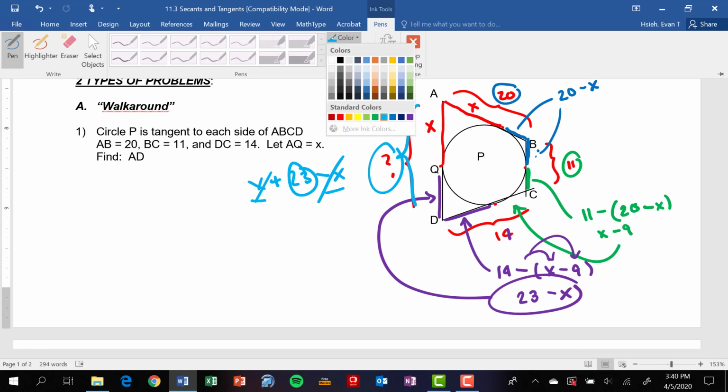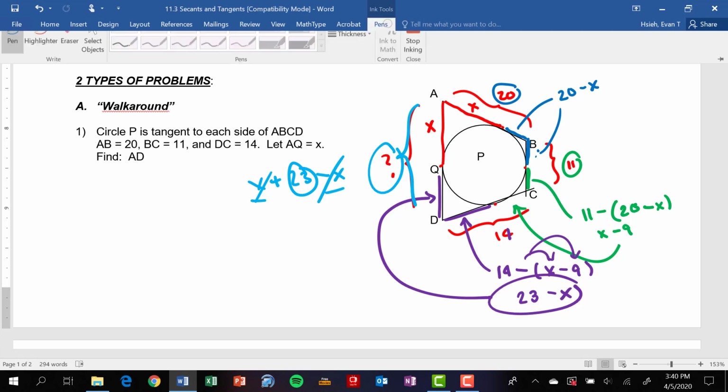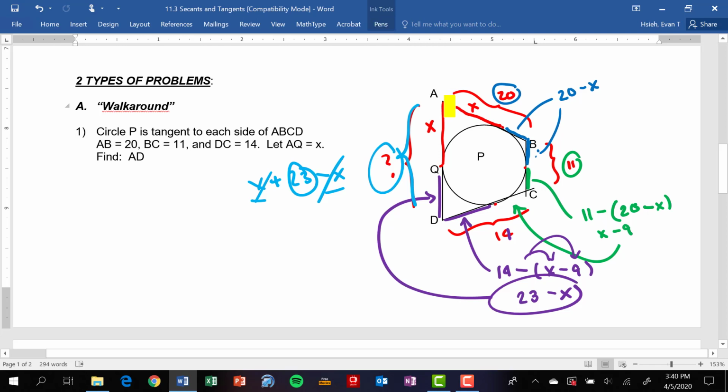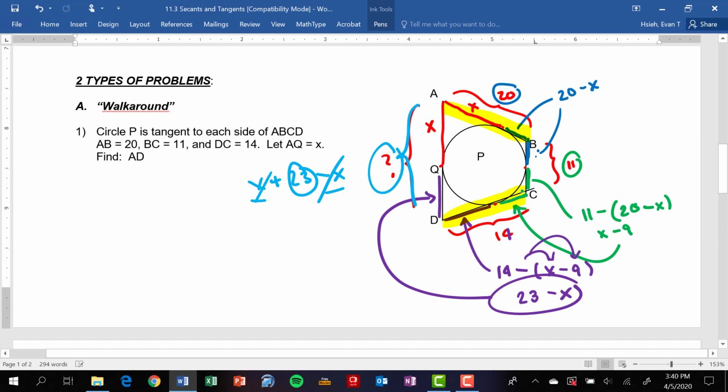Now, one little aside, and that is that if you look at this, if I just focus on this side right here and this side right here, can you see that, I color coded these, you're going to get one red segment plus one blue segment plus one green segment plus one purple segment.